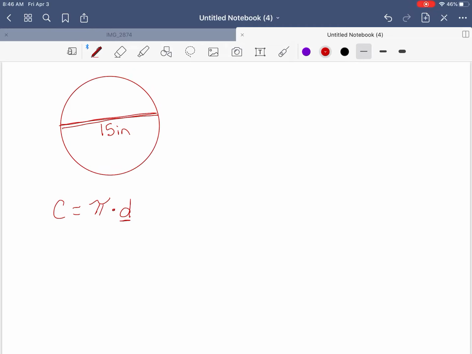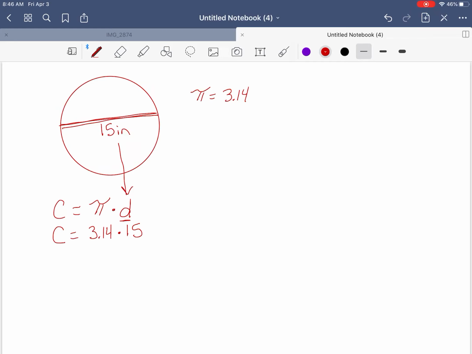So again, I know I got to plug my numbers into the formula, so I'm going to use circumference equals pi. Again, anytime we see the little symbol there for pi, we put in 3.14. So circumference equals 3.14 times my diameter, times 15.